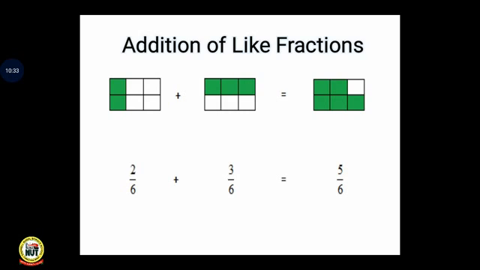Since 6 is the denominator, you repeat the 6. The denominators of the fractions and the denominators of your answer must be the same. All the numbers at the bottom must be the same. You add only the numerators.